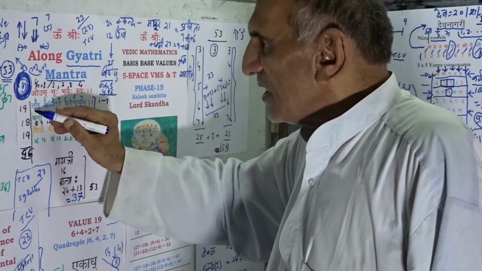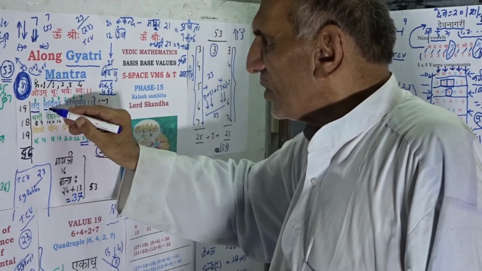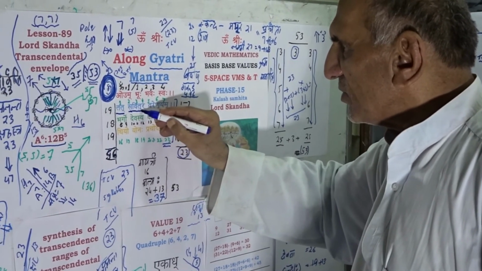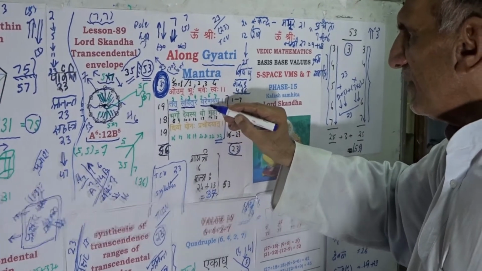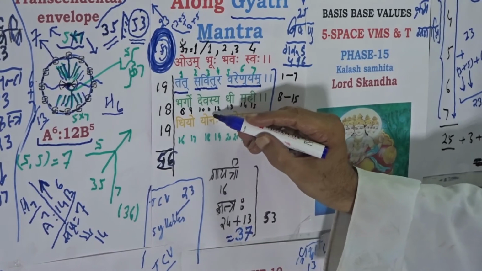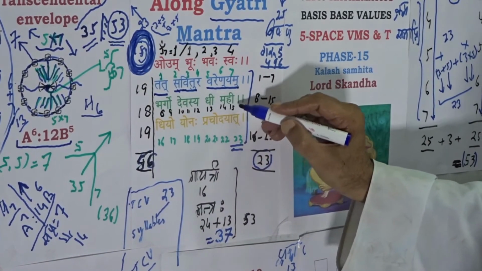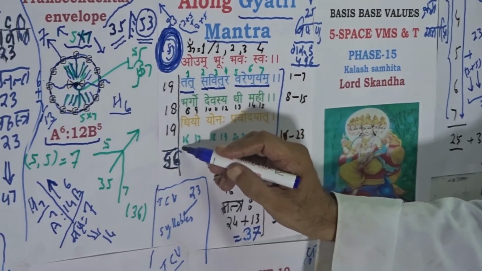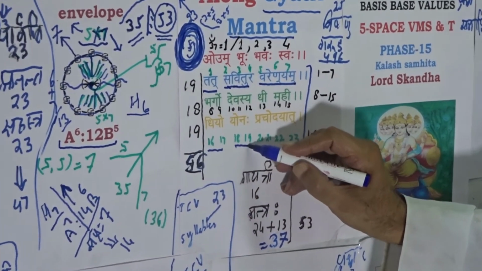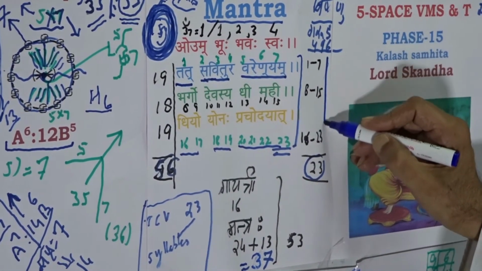So tat is the first syllable. Sa, vi, ta, this Savitur, is giving 3 syllables. Varenyam is giving 3. Then Bhargo is giving 2. Devasya is giving 3. Dhi is having 1. And then Mahi is having 2. Dhiyo is having 2 syllables. Yo na is having 2. And Prachodayat is having 4. And these are 23 syllables.